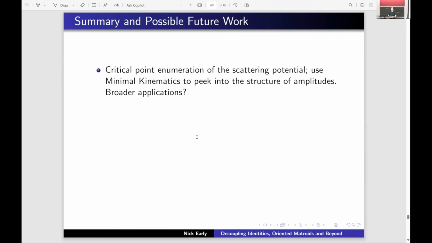Okay, now for the summary and future work. So we considered the problem of enumerating critical points of the scattering potential. One can use minimal kinematics to peek into the structure of scattering amplitudes using the CHY or CGM formalism.